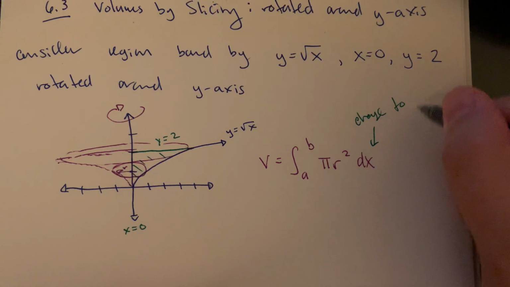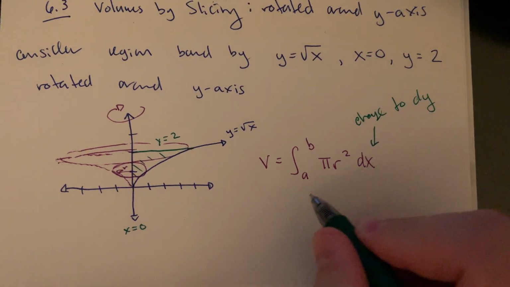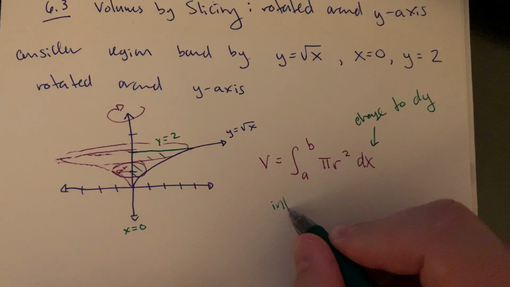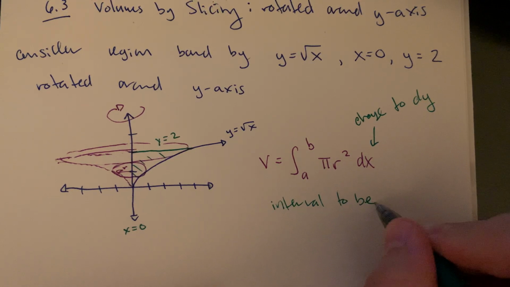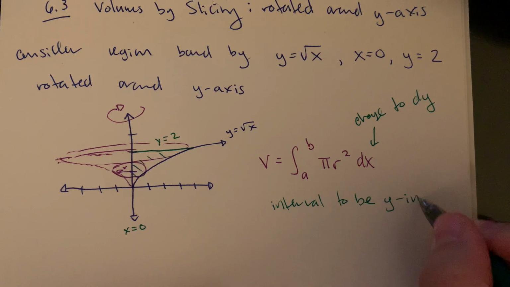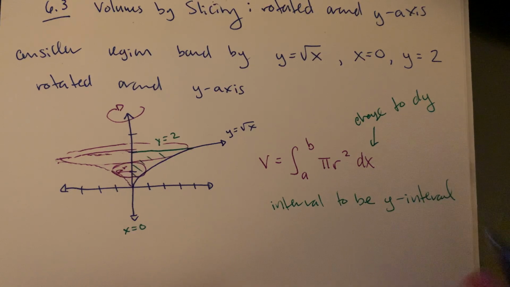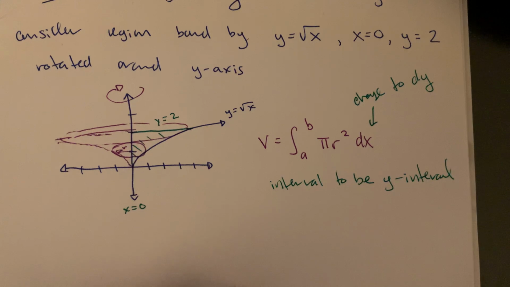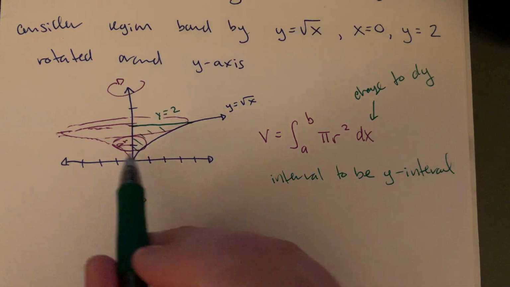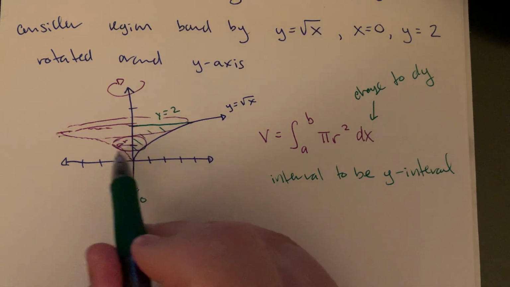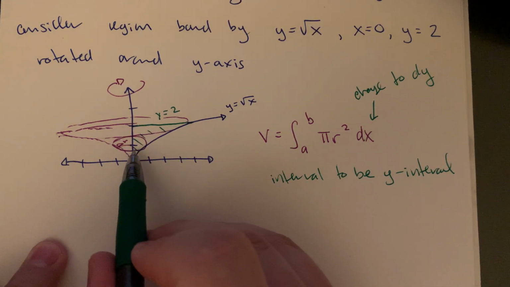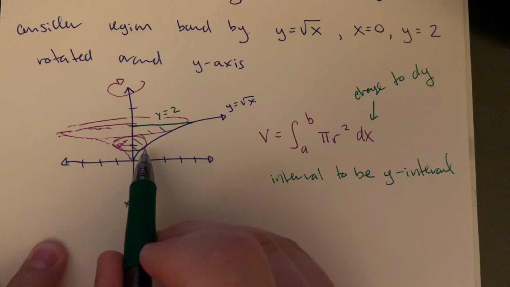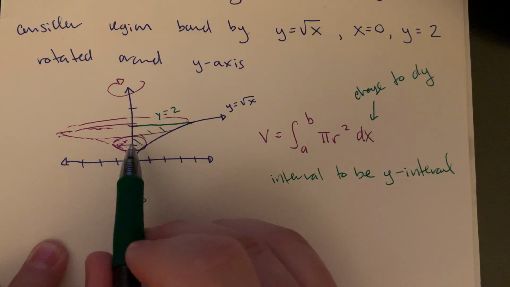So we're going to change this to a dy, and I want my interval to be y values. The idea here is now the radius values on my discs are based on y values as inputs. Everything is flipped sideways now.